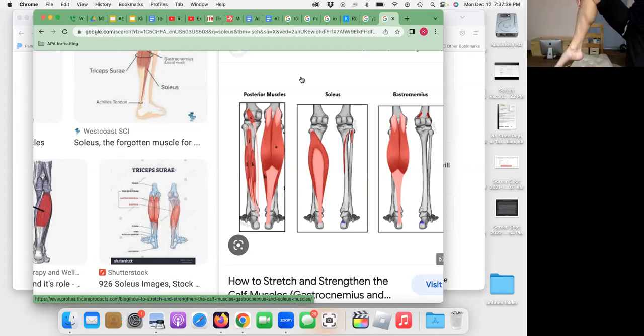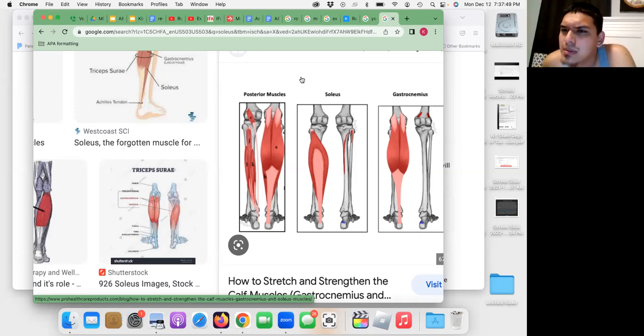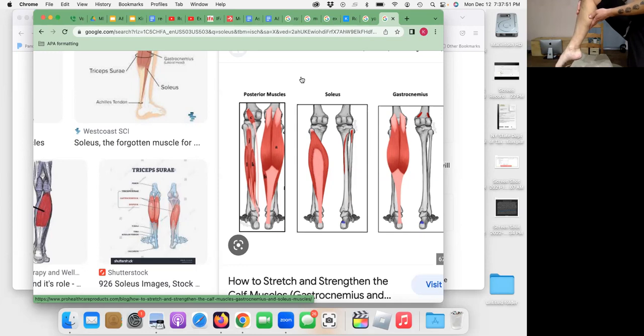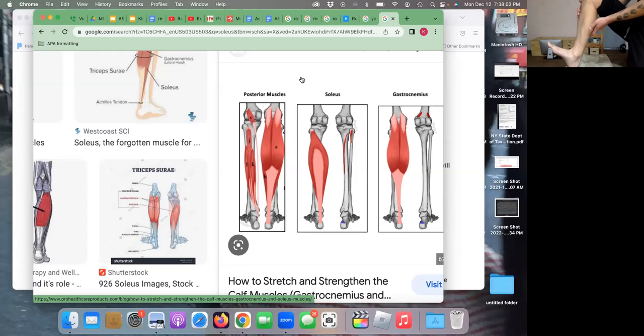Now, if I plantar flex, it's the one in the back that's contracting with plantar flexion, right? So this would be concentric with plantar flexion. Okay. Plantar flexion, this is concentric. Plantar flexion, the tibialis anterior is eccentric. Okay, now your turn. For dorsiflexion, which one is concentric? The one in the front or the one in the back? Front or back?